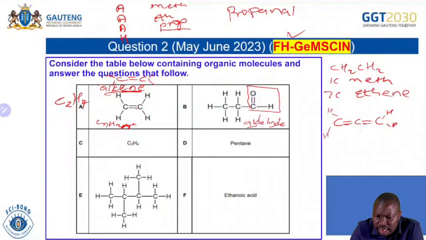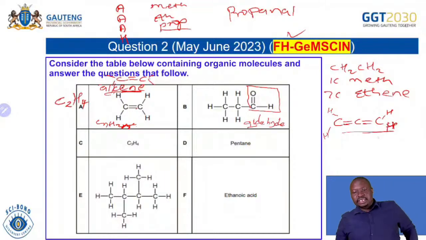It's a C3H4. That structure was a problem, because you don't do dienes in technical science. C3H4 there would mean that you have 2 double bonds, and you only do 1 double bond.